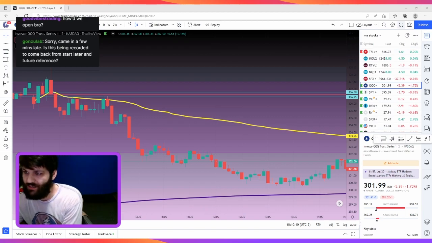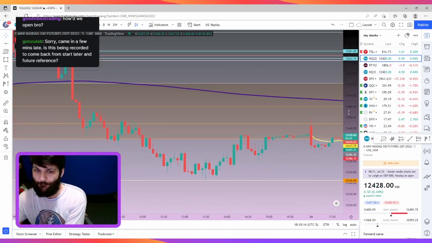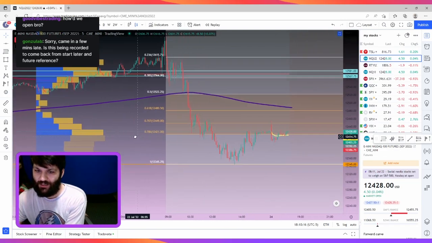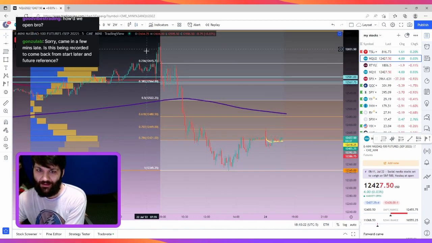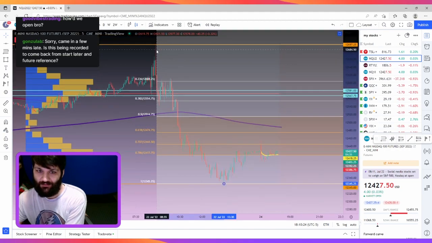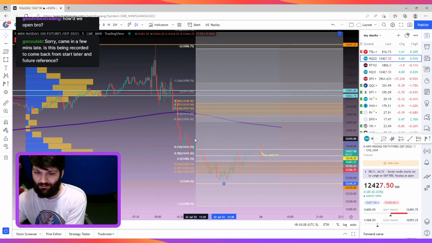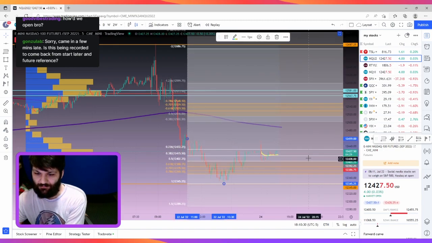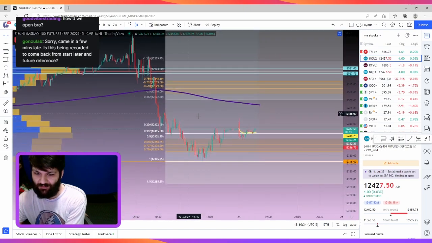Logan, we opened a little low, but we came right back. I'm not sure if I should draw my fibs from this high to this low, or maybe from this high to this low. I'm thinking about doing it from here. But that's just me, I think this is kind of good.